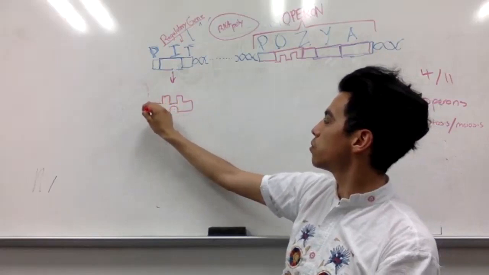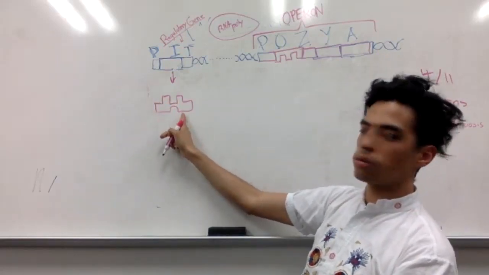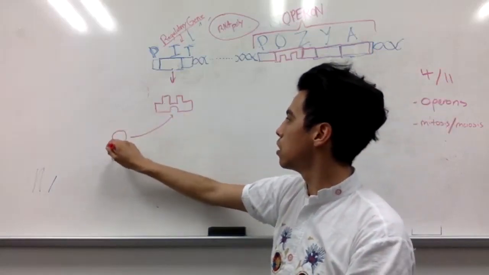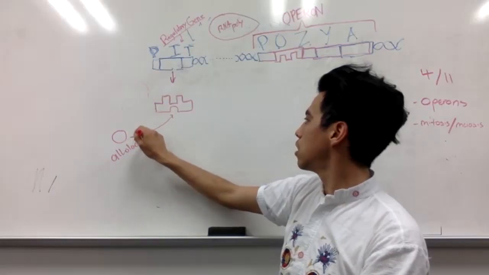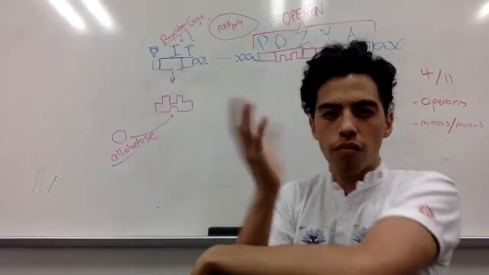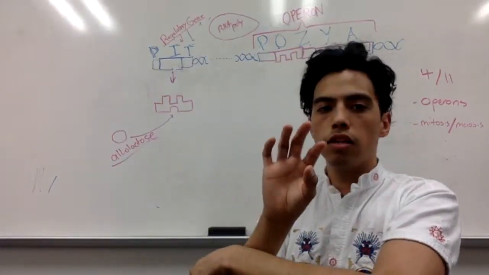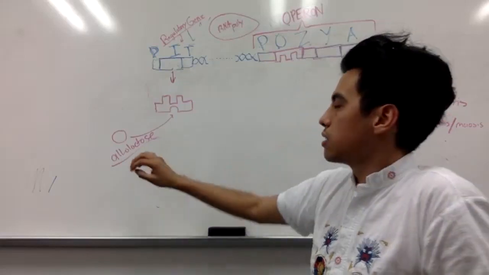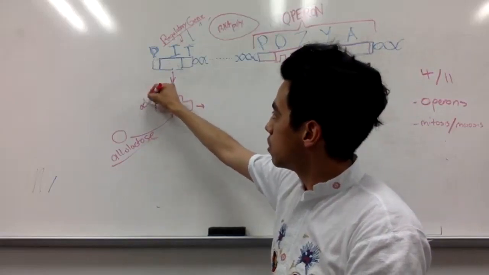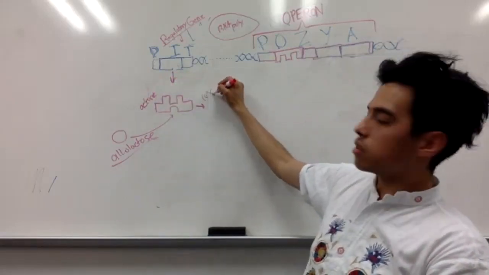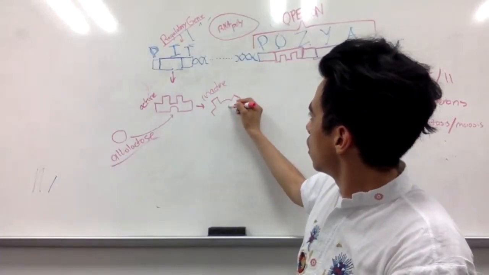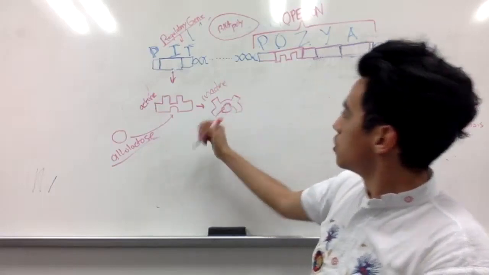However, if you didn't notice before, I draw this repressor with a little indentation, and what goes in there is a molecule called allolactose. Allolactose is a different form of lactose, but it serves as the thing that binds to the repressor and takes it from its active to its inactive form.